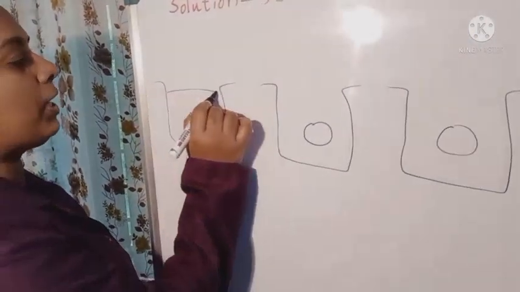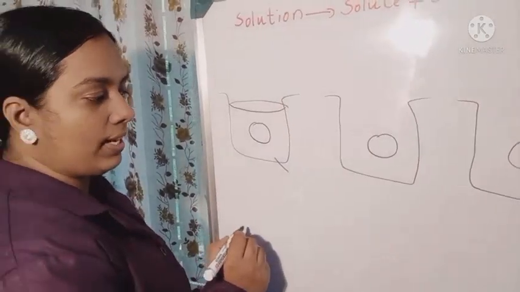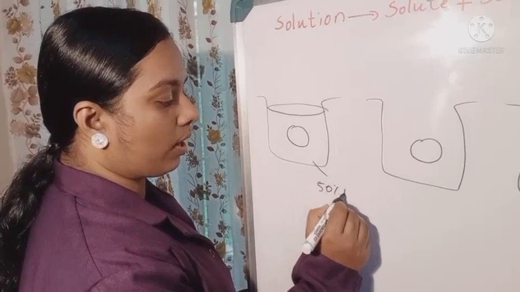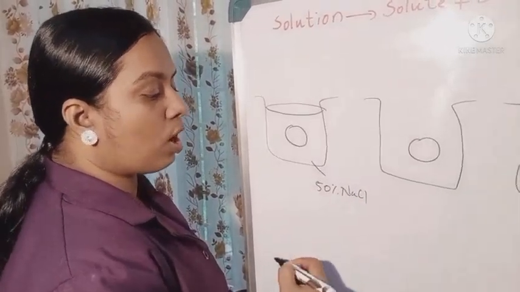Then each beaker contains sodium chloride solution. In that sodium chloride solution, 50% is sodium chloride. You know it is salt. That means 50% solvent, that is water.